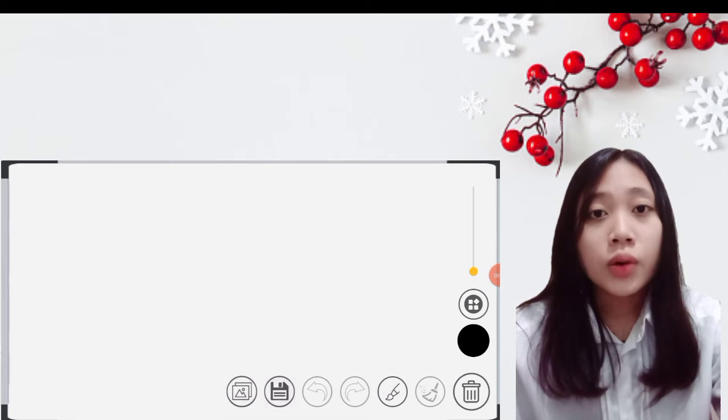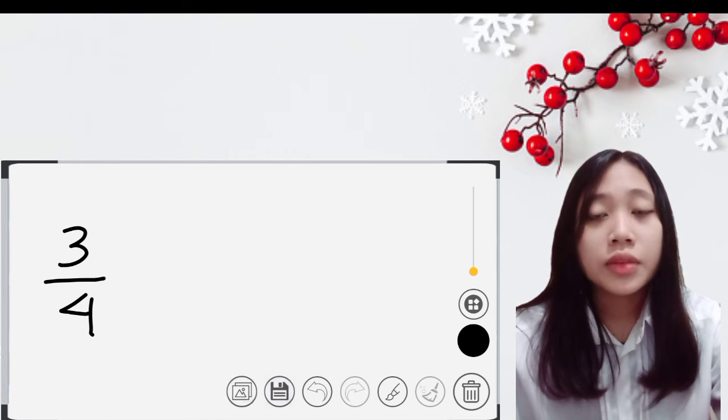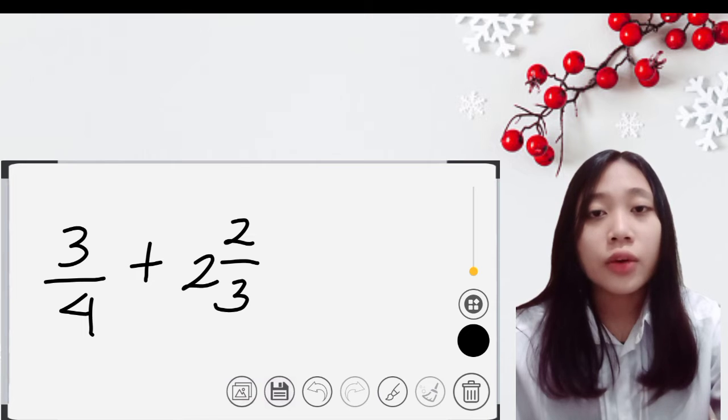In this video, we will try to discuss an example of the addition of mixed fractions. 3 over 4 plus 2 over 3 equals. The solution is not much different from common fractions, but before calculating it, we need to convert mixed fractions into common fractions first.